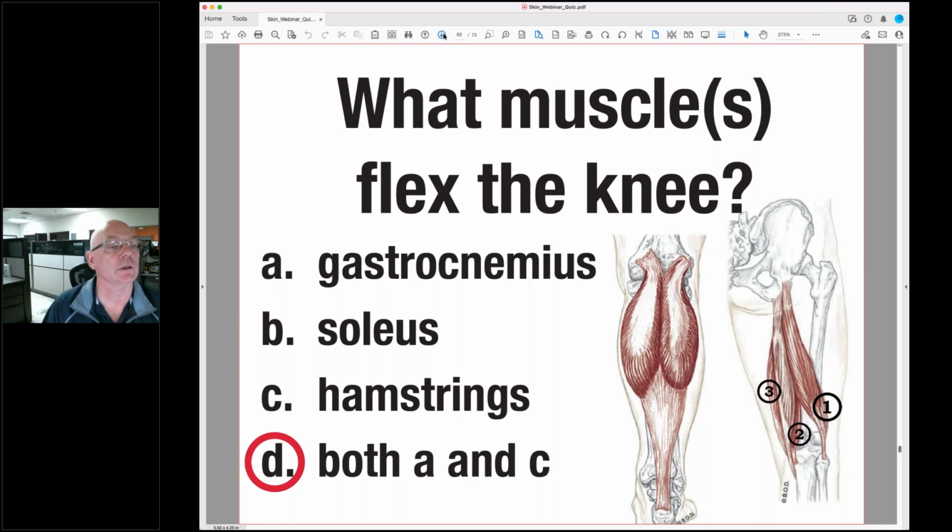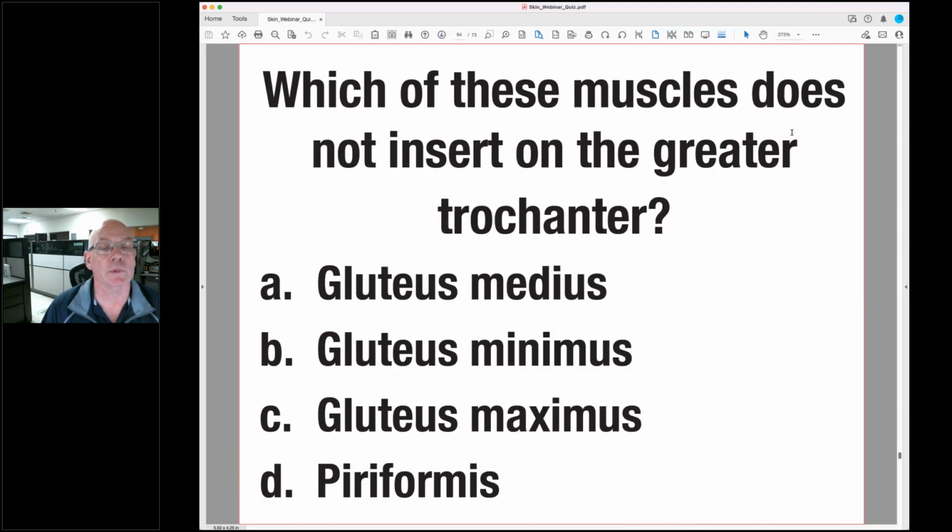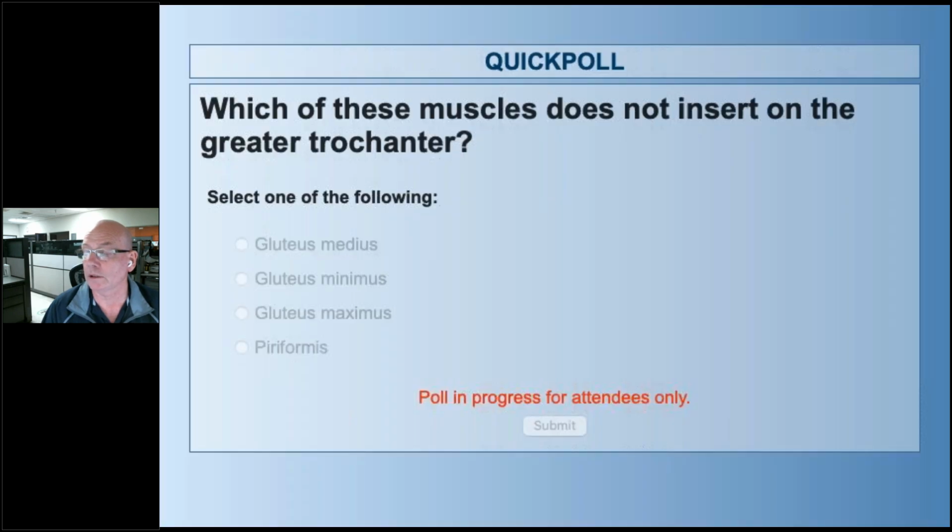What's the next question? Which of these muscles does not insert on the greater trochanter? So think about each one. Which one does not insert onto the greater trochanter? Okay.